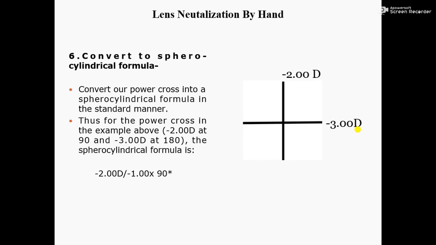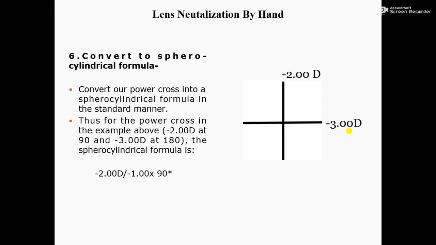Minus 2 diopter plus, in the bracket, minus 3 diopter, or after calculating we will find minus 1 diopter, and we will give a minus sign because we will take the sign from the bigger value, this one.